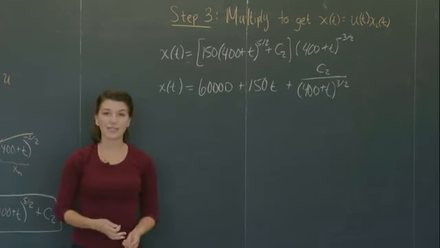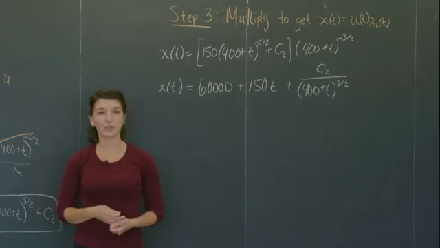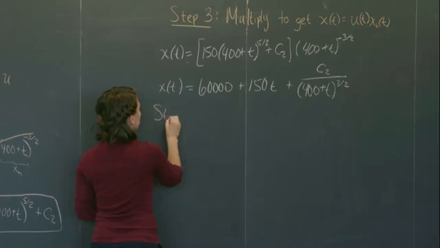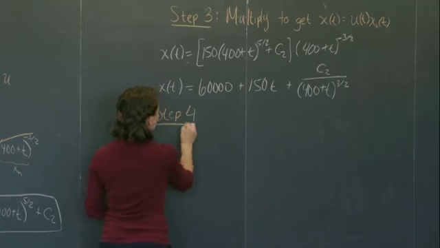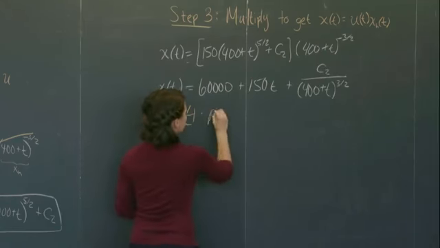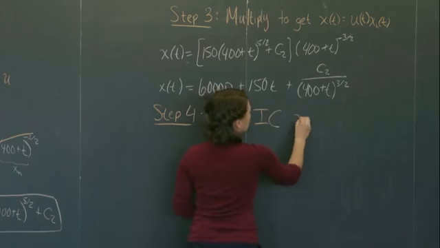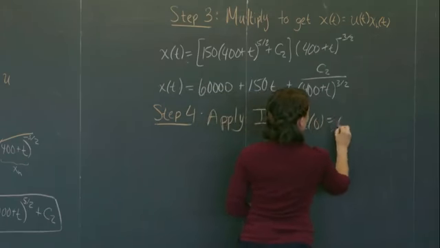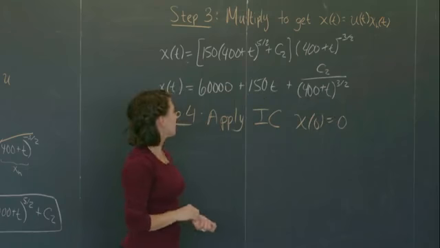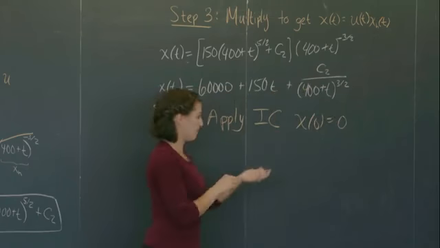But remember, we also had an initial condition that x at time 0 is 0. So in step 4, we can apply that initial condition and that will let us determine what C2 is.